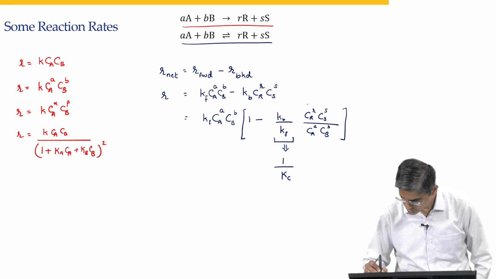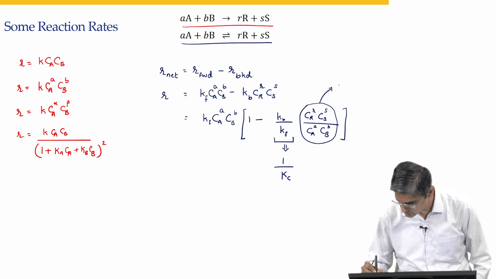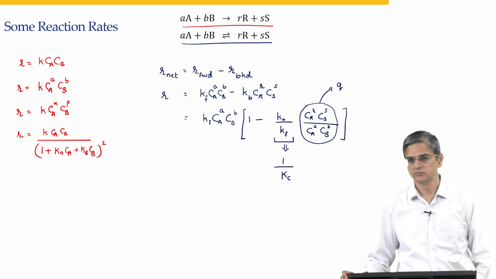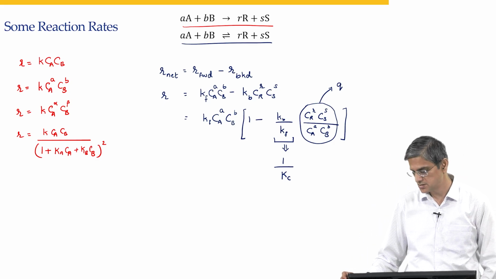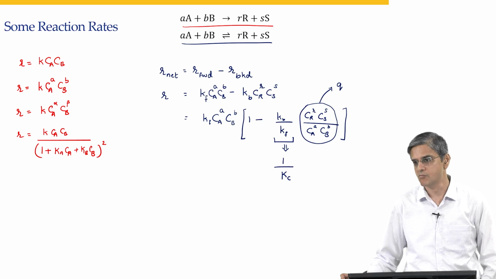Sometimes in some books this term might be referred to as Q, or sometimes 1 minus the product divided by Kc might be referred to as Q.